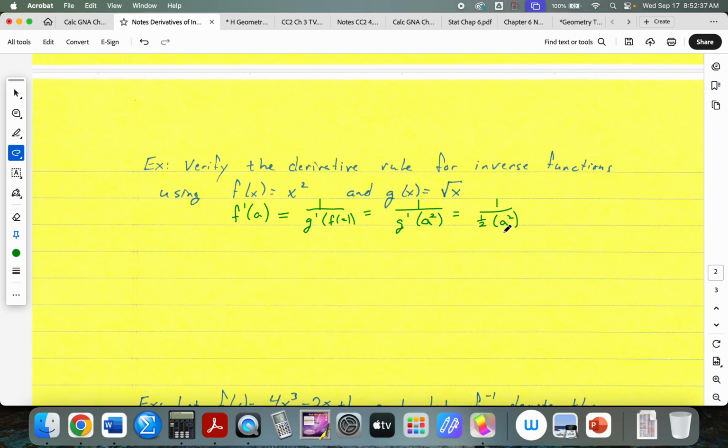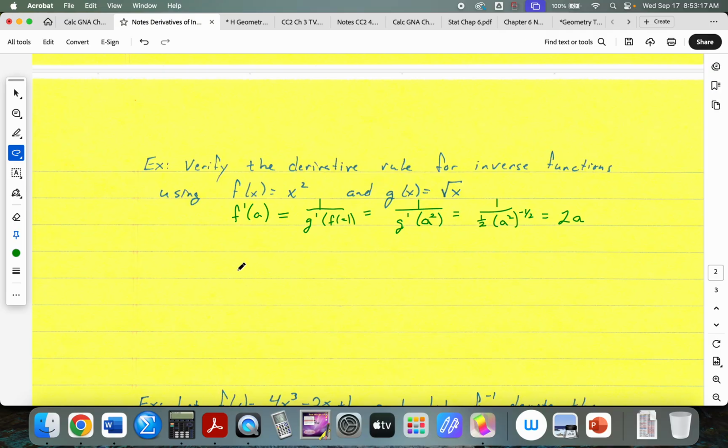And remember, a is a constant, so I don't have to use the chain rule here, to the negative 1/2. Well, 1 over 1/2 is 2, and a squared raised to the negative 1/2 power is a to the negative 1, so I've got 1 over a to the negative 1, which is 2a, which is what we know is the derivative of f of x evaluated at a.